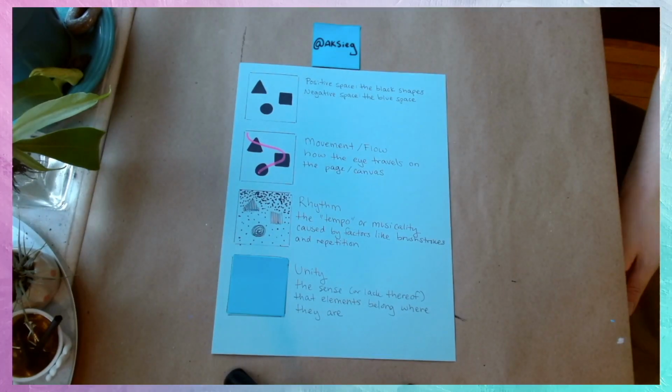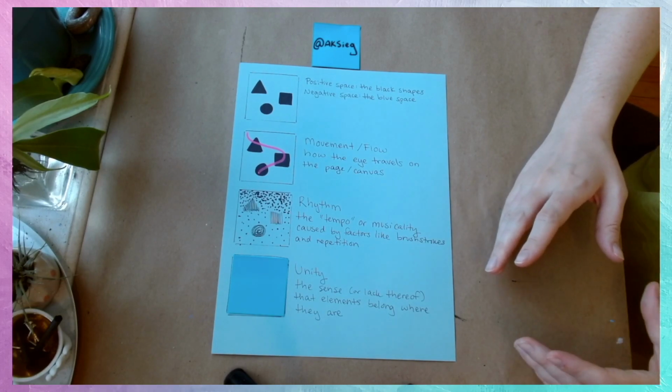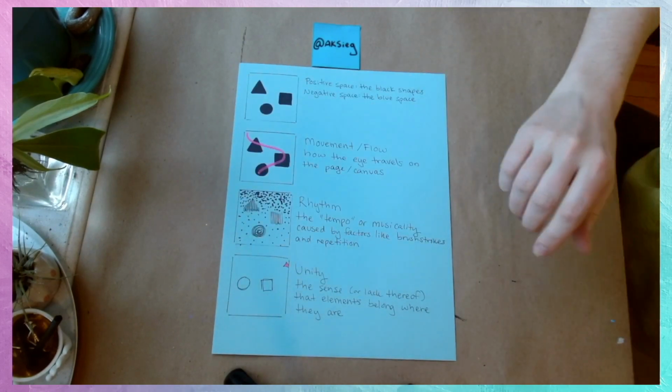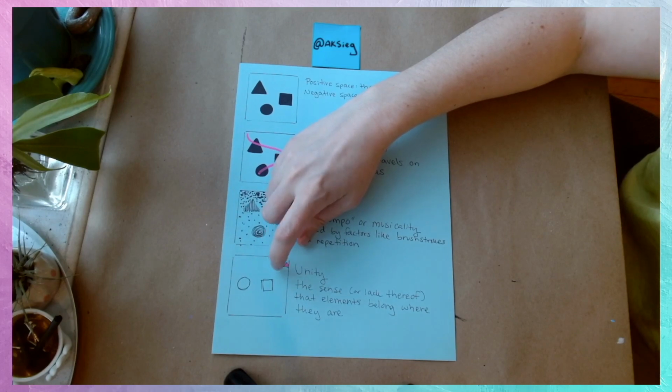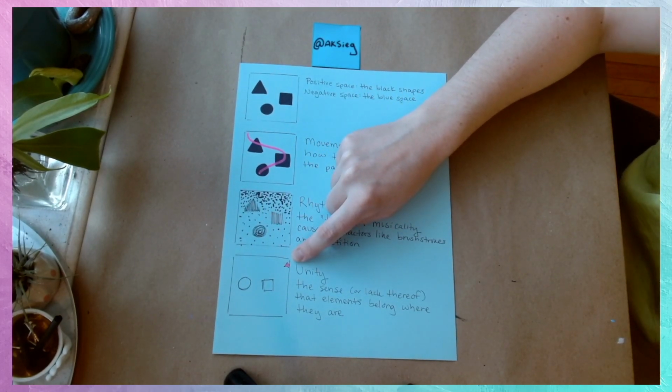This brings us to unity. Unity is the idea that images on your page can be laid out in a way that either gives a sense of belonging and connection or the exact opposite. So in our demonstration here, we have a lack of unity. Two of our objects are very similarly placed, similarly rendered, and then one object has a dramatically different color, a dramatically different placement, and a dramatically different size.